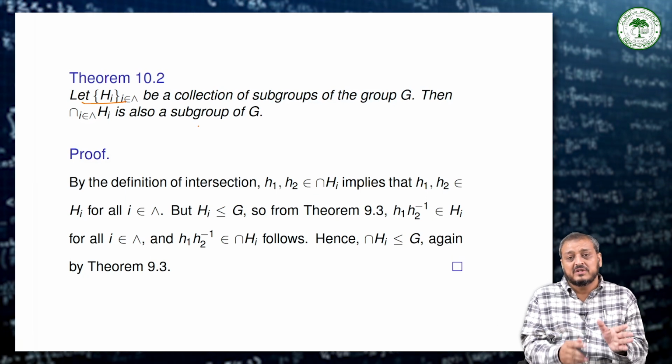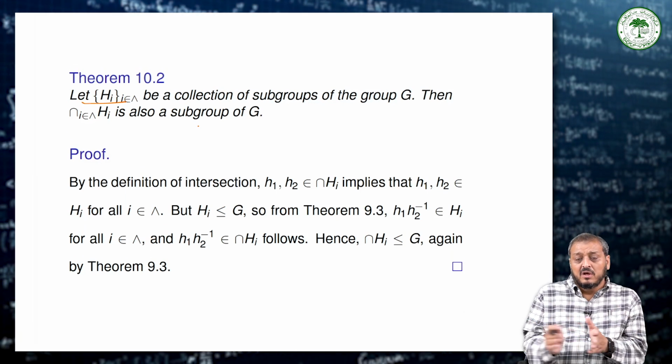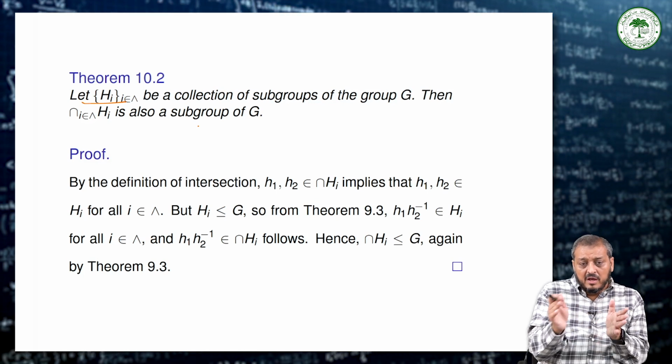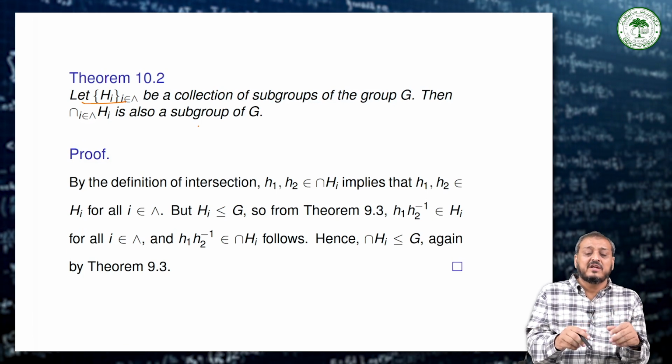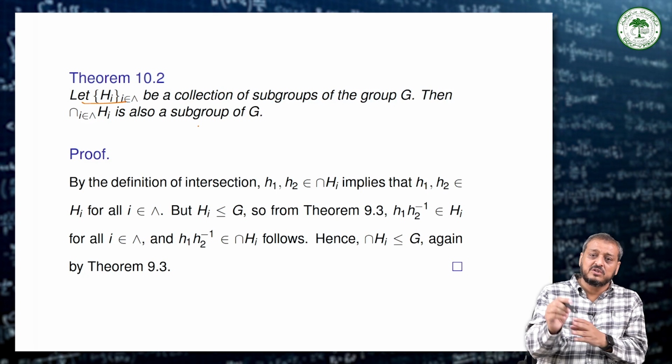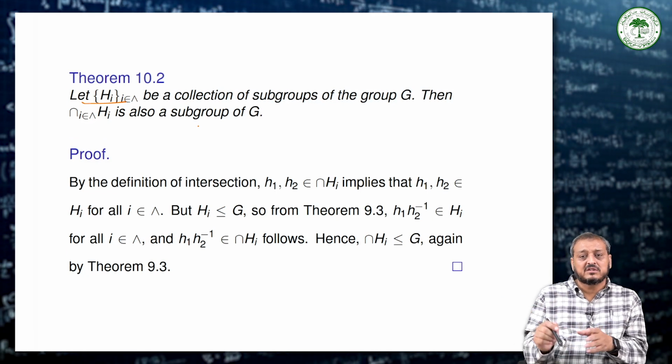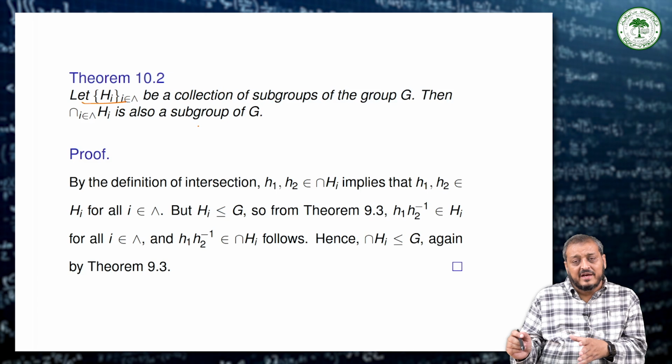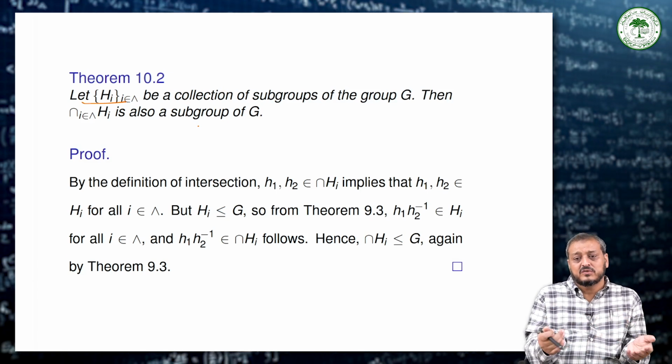Assume H1, H2 and so on are a collection of subgroups, and we take the intersection H1 intersection H2 intersection H3 and so on up to Hn. They also satisfy the condition.